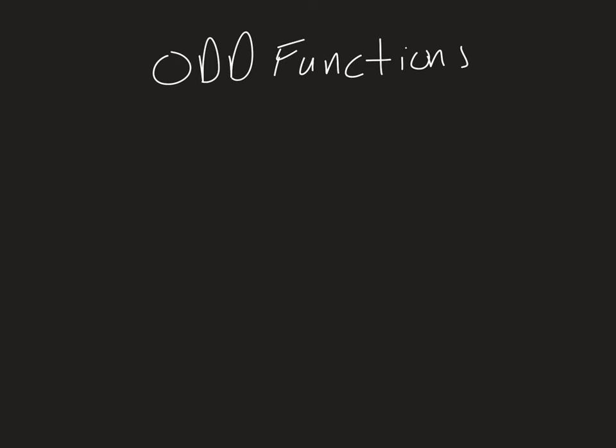So let's take a look at odd functions. Similarly to even functions, there is a classic example, if you will: y equals x cubed. What that looks like is it comes up, goes to the origin, and then snakes up. Now this has a couple of names for the kind of symmetry it has.